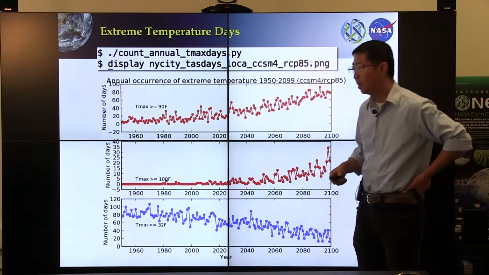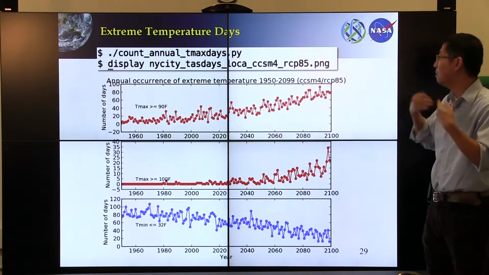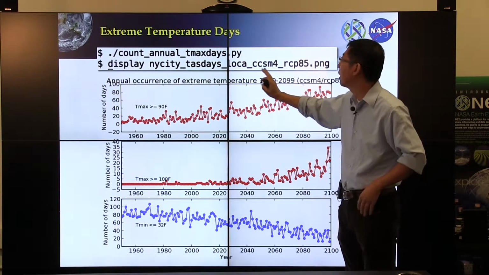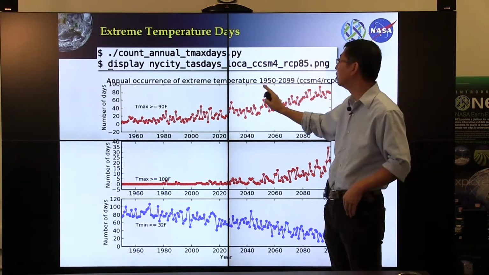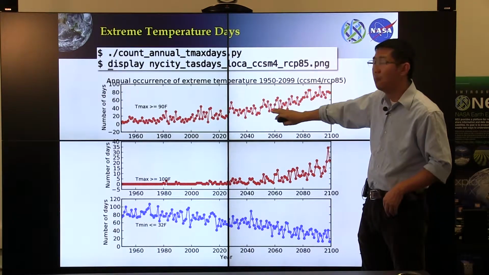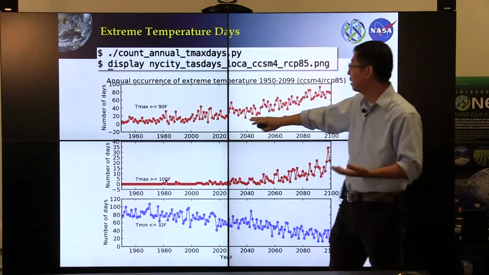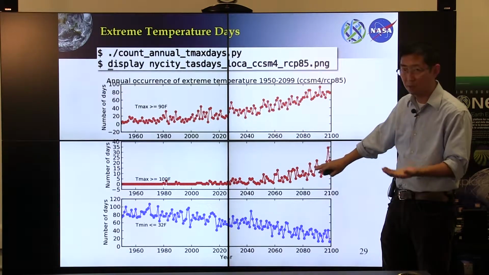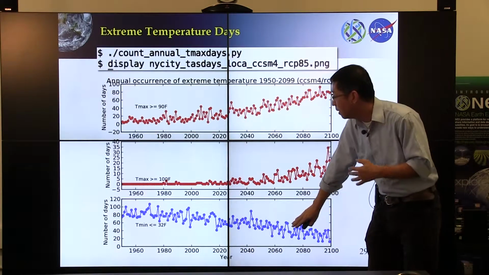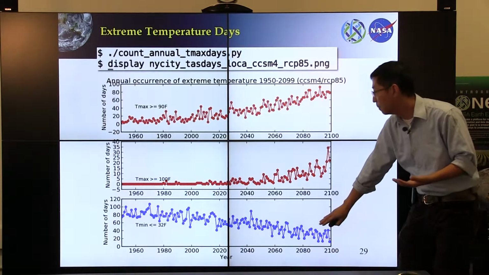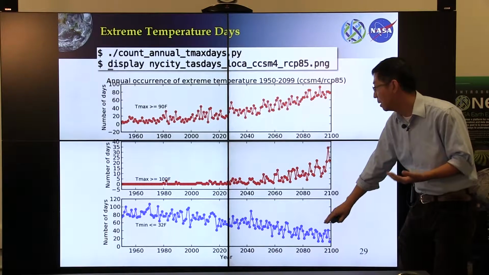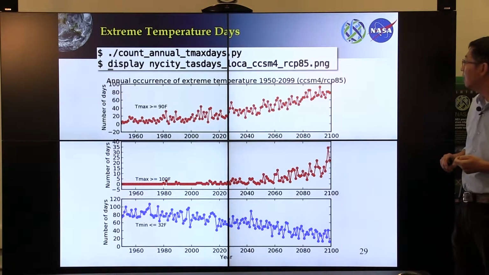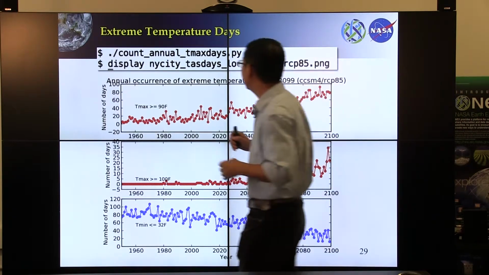So now, because we have the time series, we can do a little more analysis. This one is we're trying to count extreme temperature days. Basically, how many days of the year you have Tmax greater than 90 degrees, Tmax greater than 100 degrees, and this is for minimum temperature, really cold days, basically less than 32 degrees Fahrenheit.